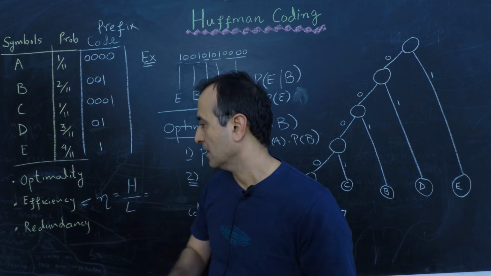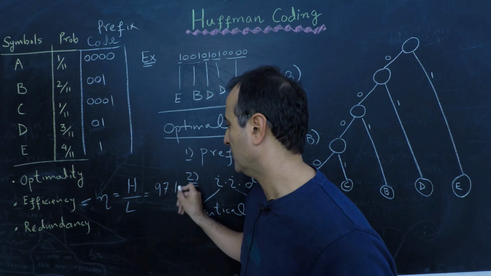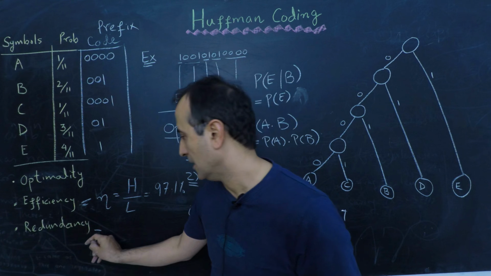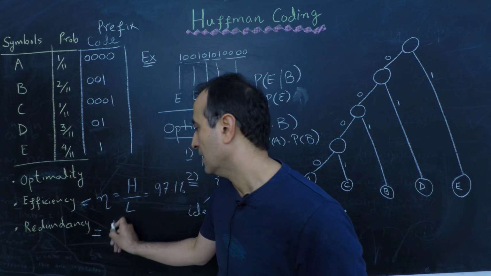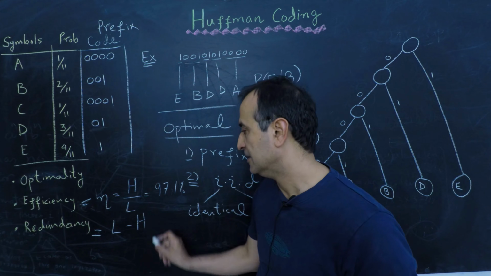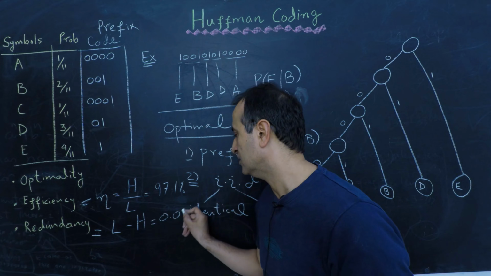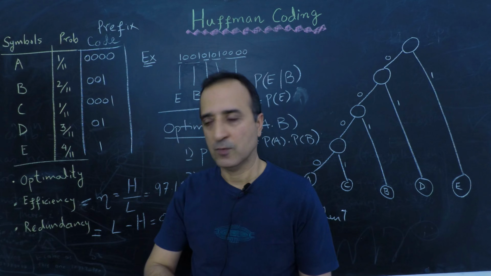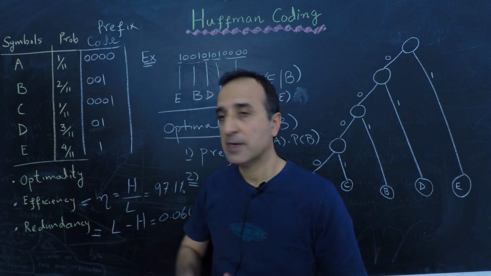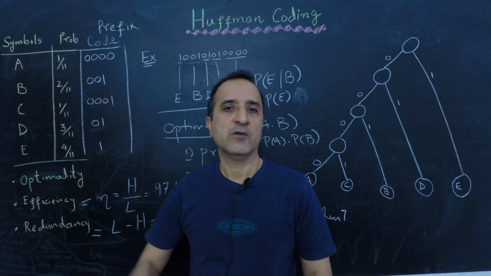In this case, my efficiency is 97.1%, which is quite good. Redundancy is equal to average length minus entropy, and in this case our redundancy is about 0.06, which is quite low. So for this example, Huffman has worked beautifully, but in some other scenarios this efficiency might be as low as 50 or 40%.